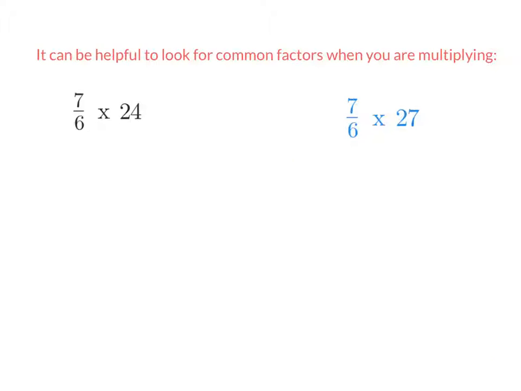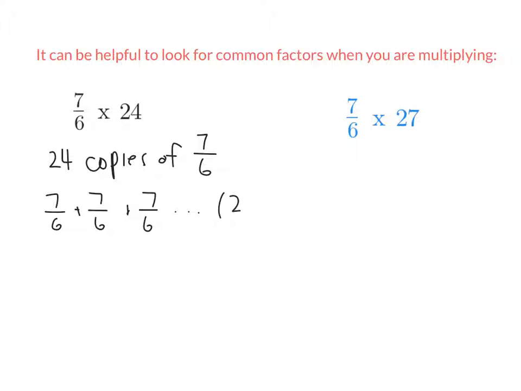Yep. Very good. So instead of thinking of this as 7/6 of 24, we can think of it as 24 copies of what fraction? 7/6. Very good. Now we know that that's going to be 7/6 plus 7/6 plus 7/6. How many times? 24 times.